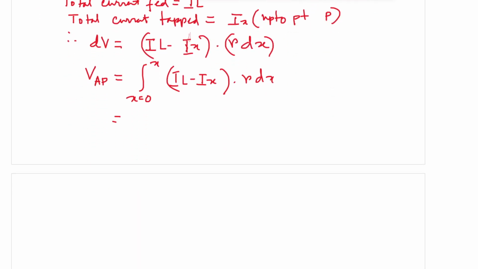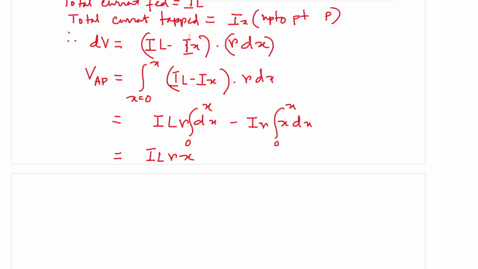The first term will yield I L R dx. If you integrate from 0 to x, it will give you one result. Another term is I R x dx, which will give you another result. So the first term will give you I L R x, and the second term will give you I R x square by 2.